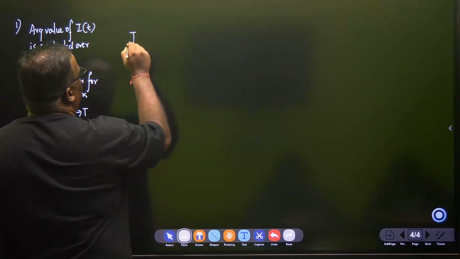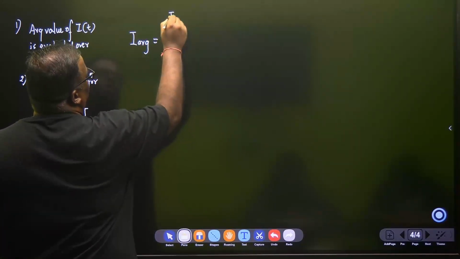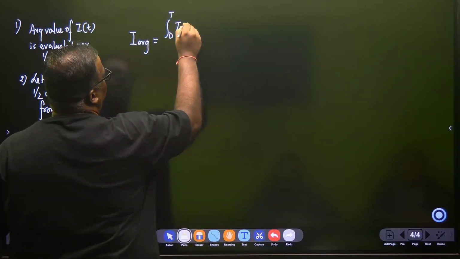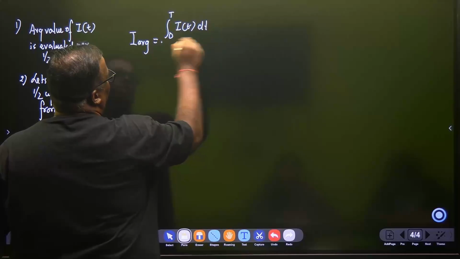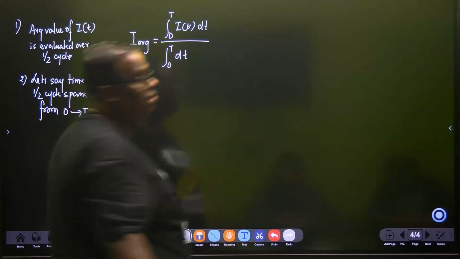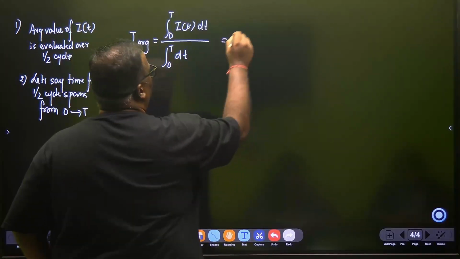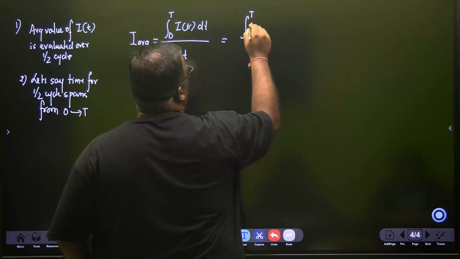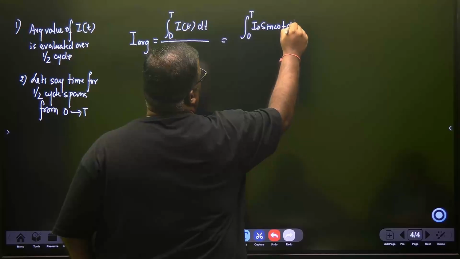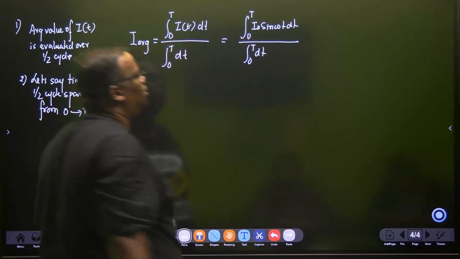So my I average should be equal to the integral from 0 to t of I at t dt divided by the integral from 0 to t of dt, as per my mathematics formula, right? The function can be further written as the integral from 0 to t of I naught sine omega t dt divided by the integral from 0 to t of dt. Do you agree or not?